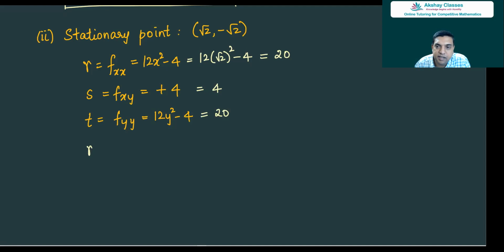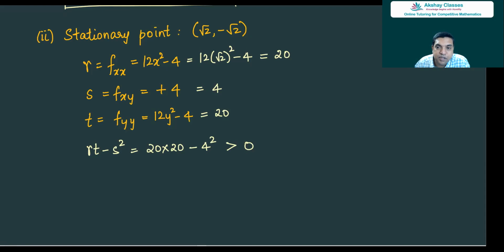So RT minus S squared is greater than 0: 20 into 20 minus 4 squared, it is greater than 0.